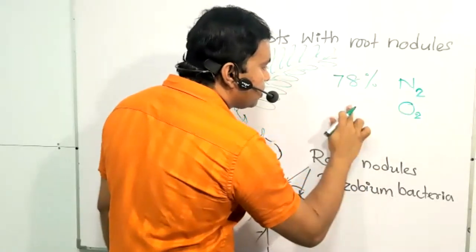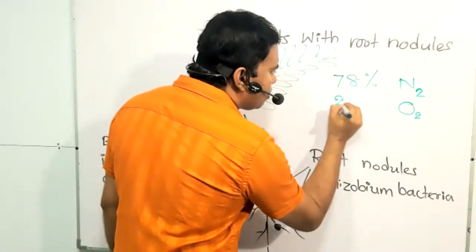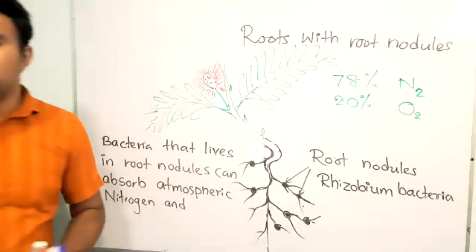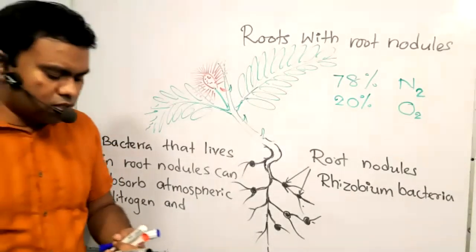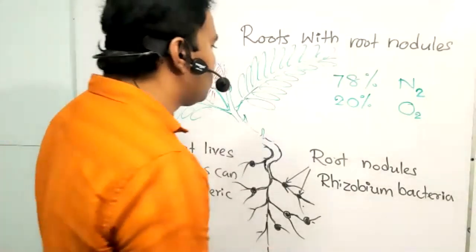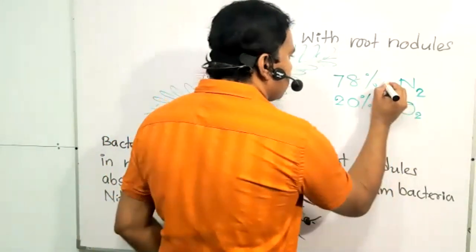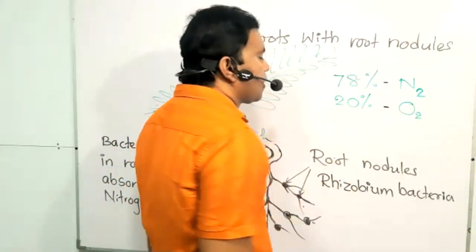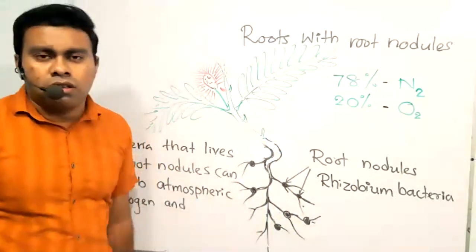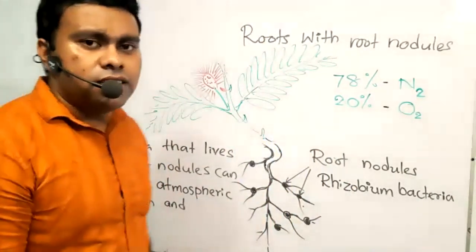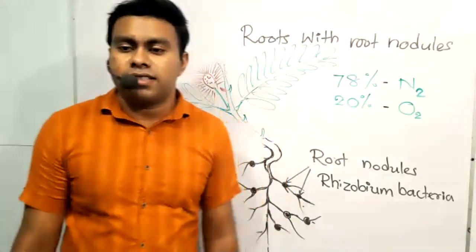What's the percentage? That's around 20%. Nitrogen 78%, oxygen 20%. So carbon dioxide, you know that gas.